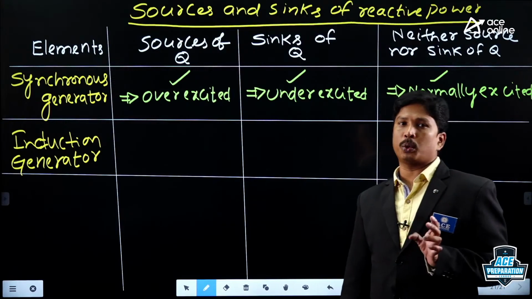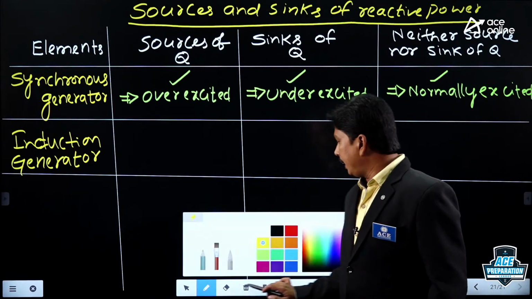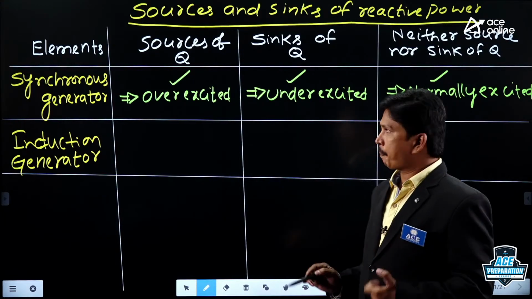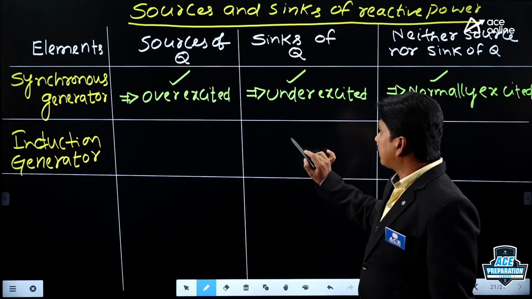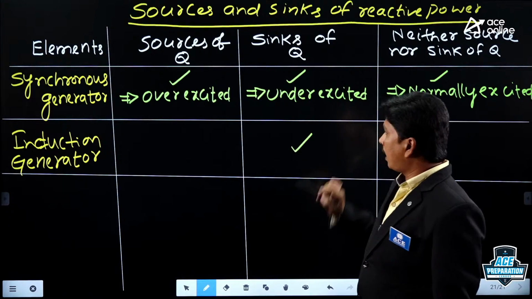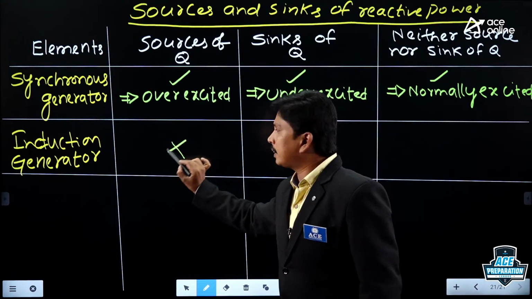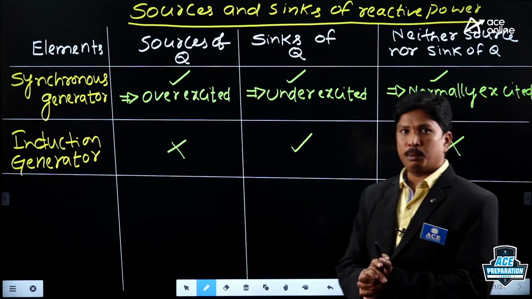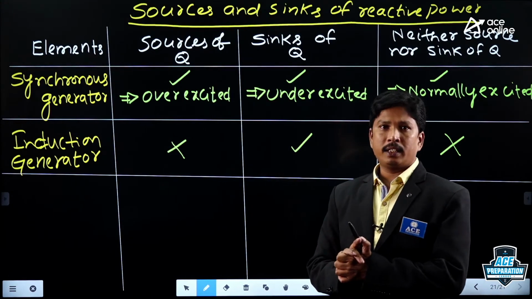It can never be a source of reactive power. It always takes the reactive power from some other source. Therefore, it will be a sink of reactive power, and it is not a source of reactive power. This operation is not possible, and this operation is also not possible in case of the induction generator.